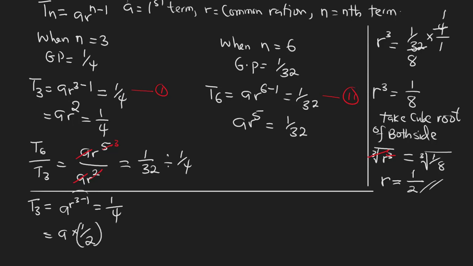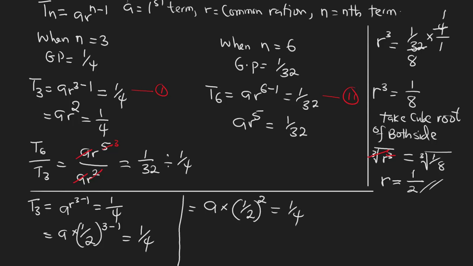Remember that it's having this power of 3 minus 1 is equals to 1 over 4, right? So now this one is going to be a times 1 over 2 to the power of 3 minus 1, which is 2, is equals to 1 over 4, right?